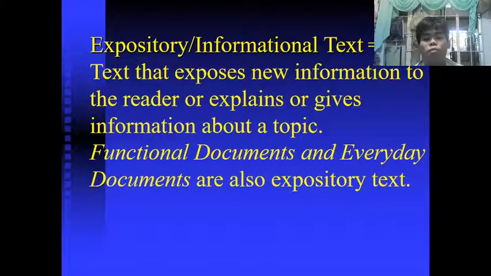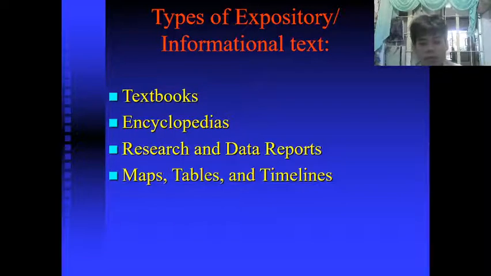Next, expository or informational text. This is the kind of text that exposes new information to the reader or explains or gives information about a topic. Functional documents and everyday documents are examples of expository text.